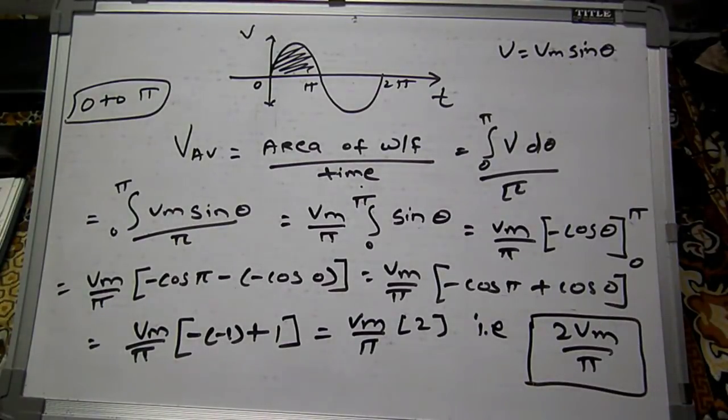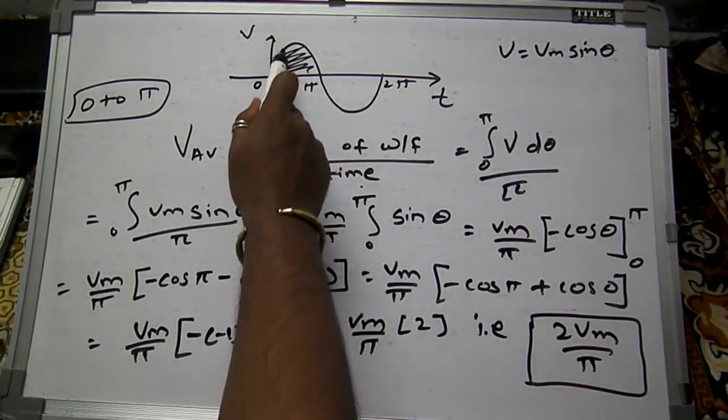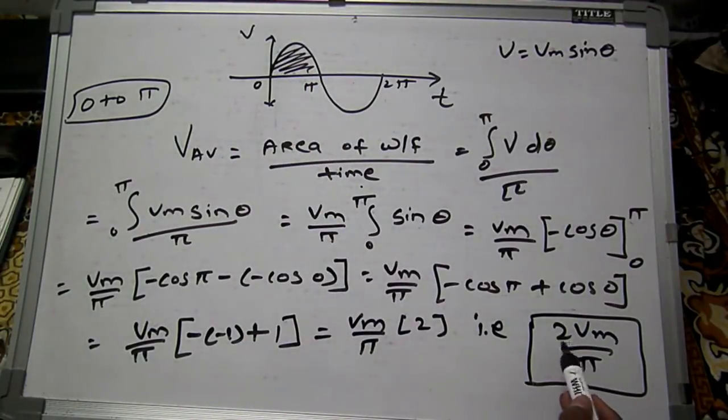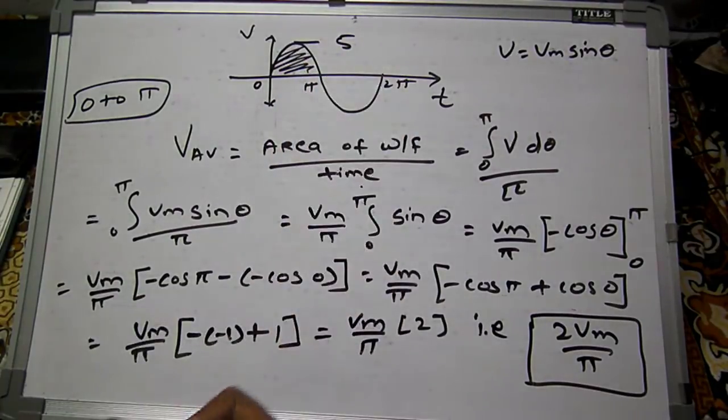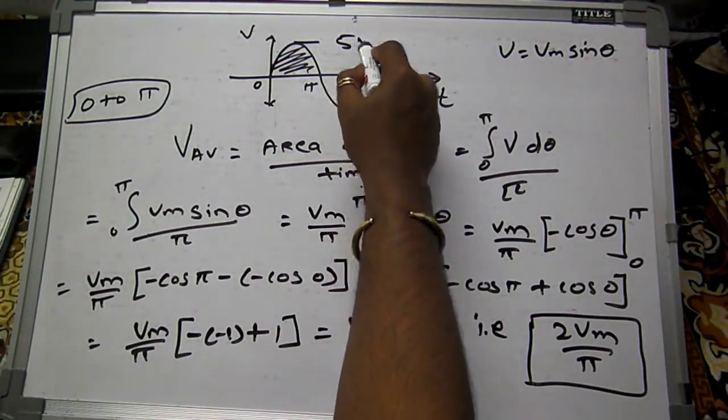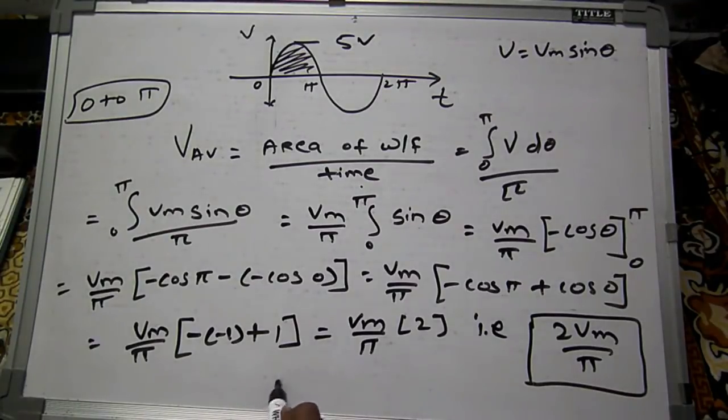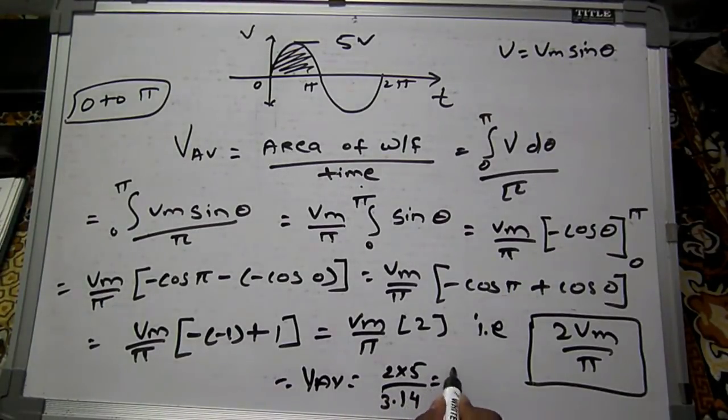So the average value for this first half, the positive half wave, is 2 Vm upon pi. Suppose Vm, the maximum voltage, is 5 volt. Then V average is equal to 2 into 5 divided by 3.14, that is 10 by 3.14.